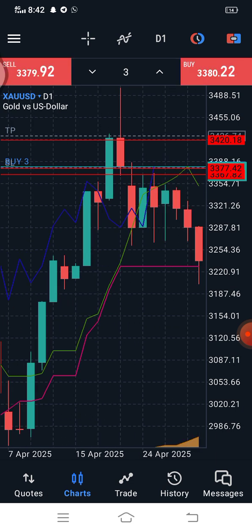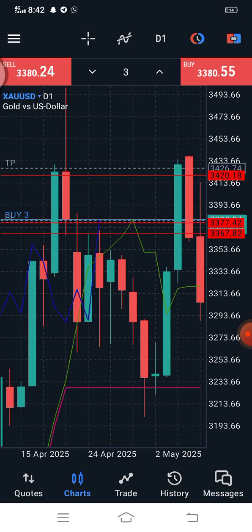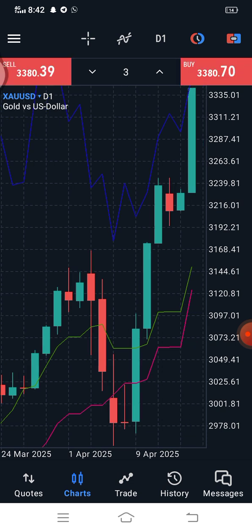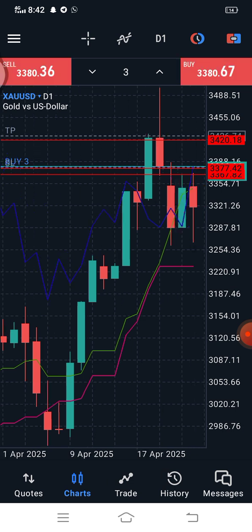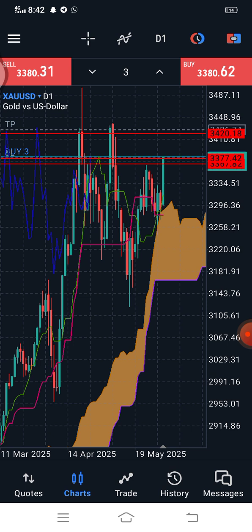What I want you guys to learn tonight is, first of all, whenever you want to use the Ichimoku cloud, it's best you start your analysis with the daily time frame to tell you the trend we are in.